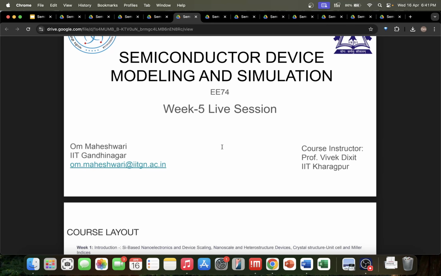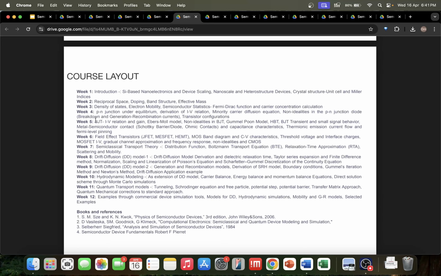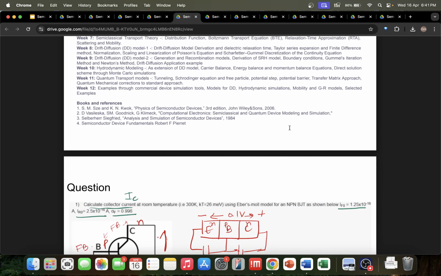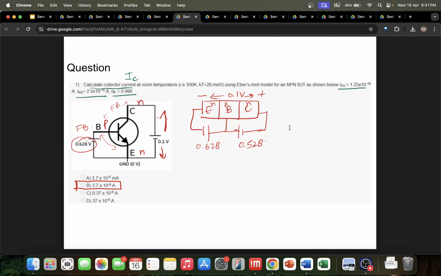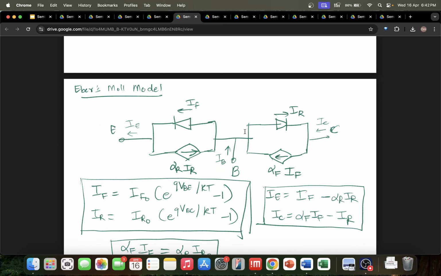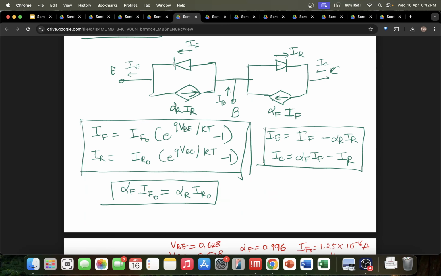Now coming to the week 5 live session. In week 5, we saw the BJT's current voltage variation and mainly more about BJT non-idealities, the small signal model, thermionic emission and current flow. We did some simple calculations of the BJT using the Ebers-Moll model, which is like a diode and a dependent current source for both the junctions.